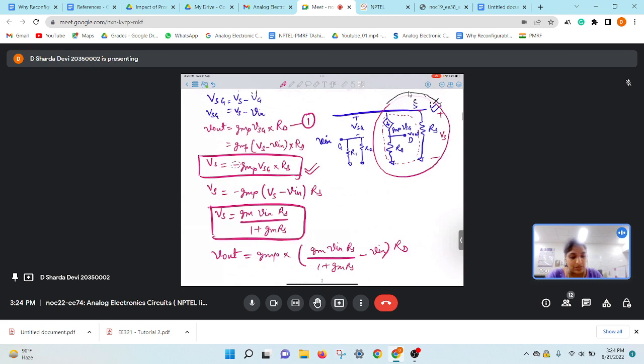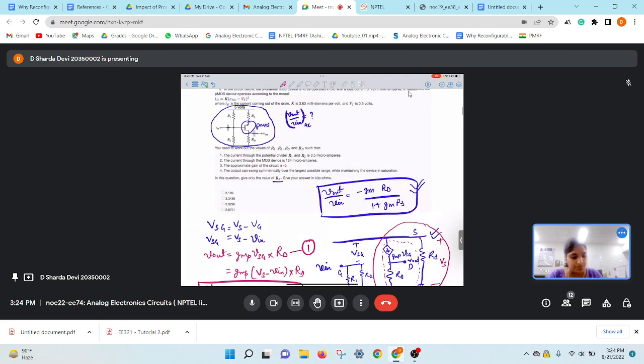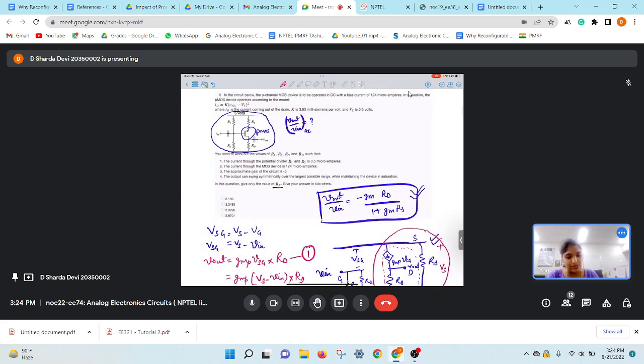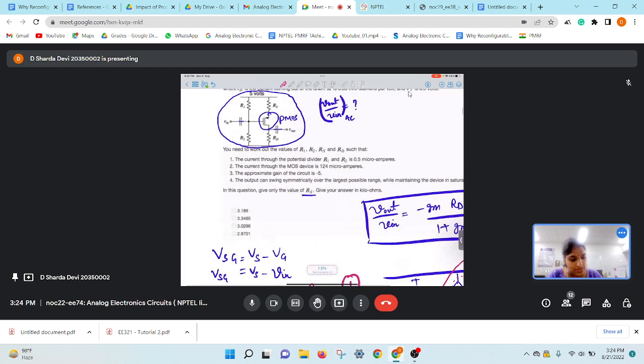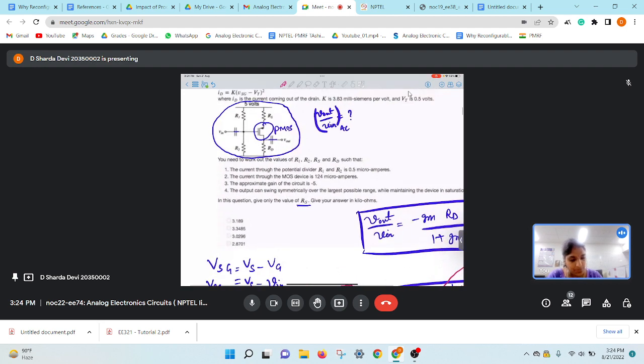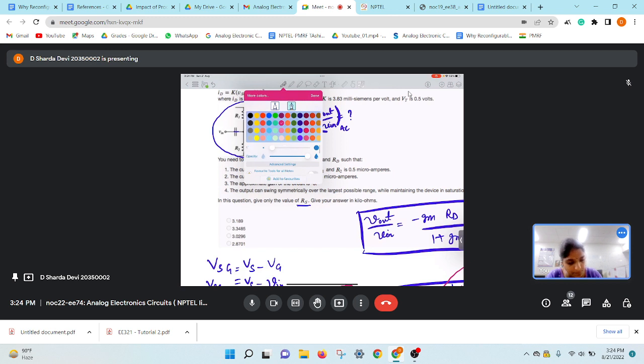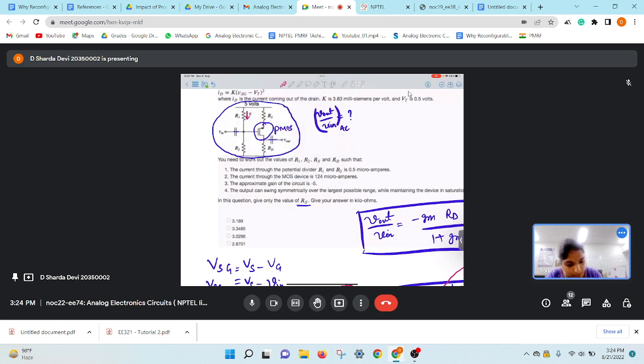Now let's look into the question. So this is the question. It is given that the current through the potential divider R1 R2 is 0.5 microamperes. The current through the MOS device is 124 microamps.